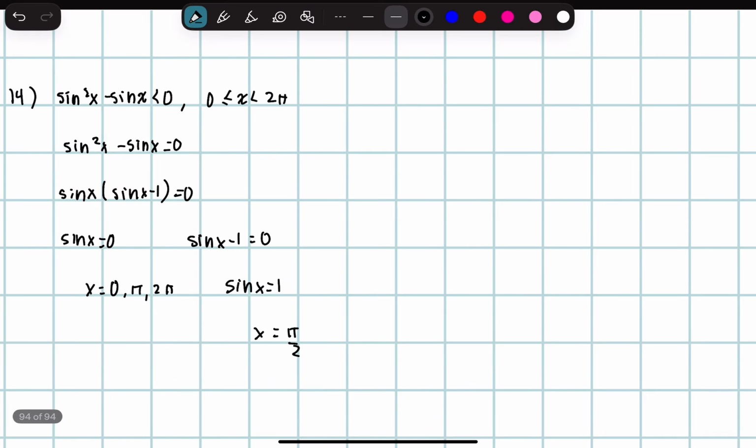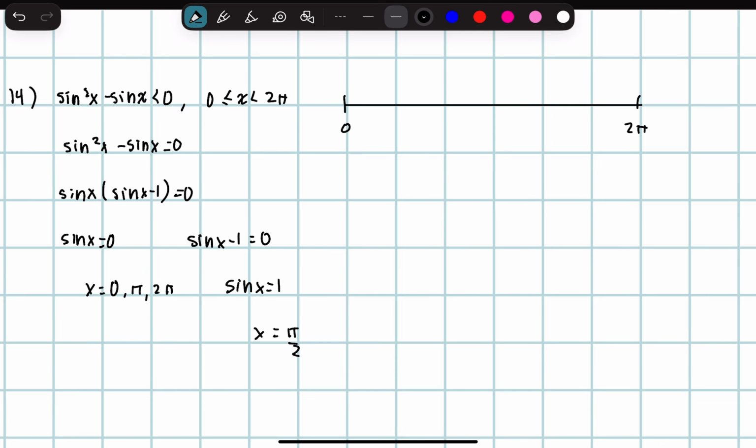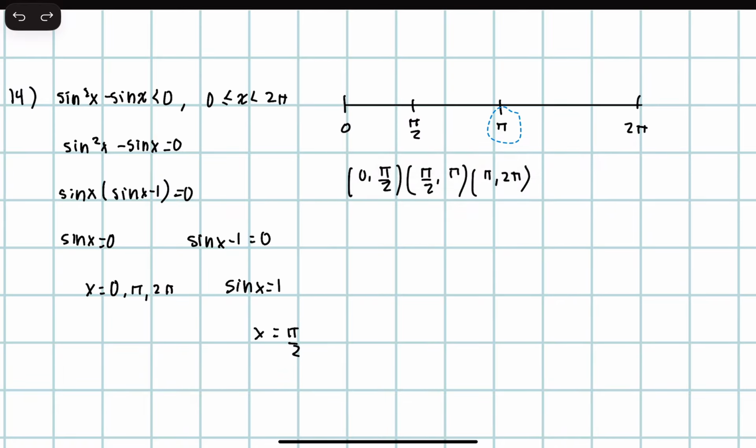So we can now create our intervals right here. We have 0 to pi over 2, then pi over 2 to pi, and then pi to 2 pi. So now we can mark those up, pi over 2, pi, and spread that over here.